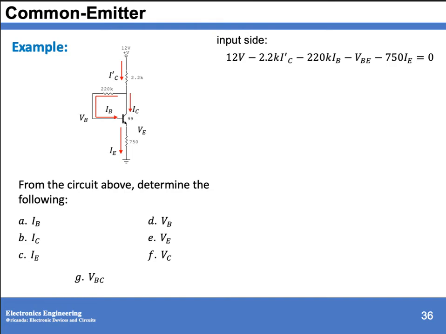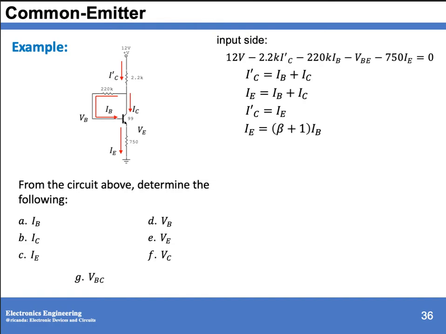So at the input analysis, you have 12 volts minus 2.2k IC prime minus 220k IB minus voltage base-emitter minus 750 IE equals 0. Remember that IC prime equals IB plus IC, and IE equals IB plus IC, so therefore IC prime equals IE, and IE is beta plus 1 times IB.